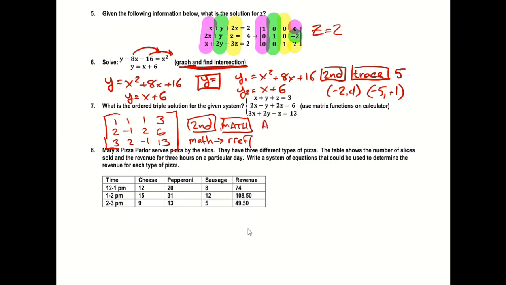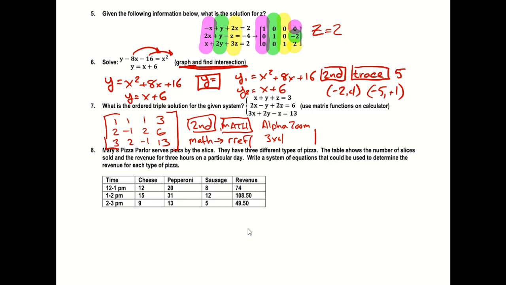Then we hit alpha, zoom. That's going to bring up our matrix form, and we want a 3 by 4. Once we do that, we enter our matrix in and hit enter, and you should get a solution matrix.